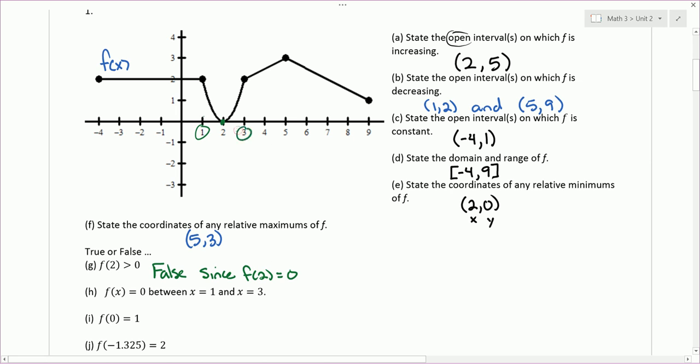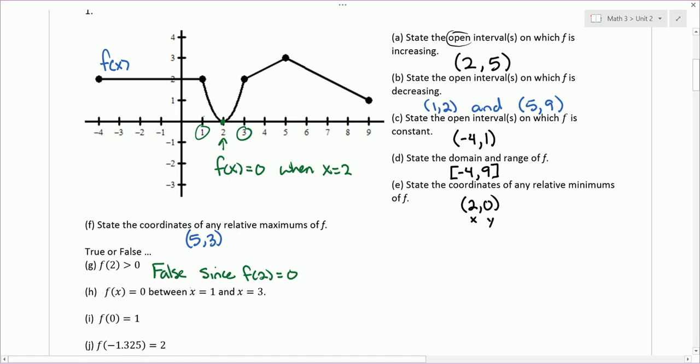Here's our 3 on the x-axis. It is true that f of x equals 0 when x is 2. That's the spot right here.